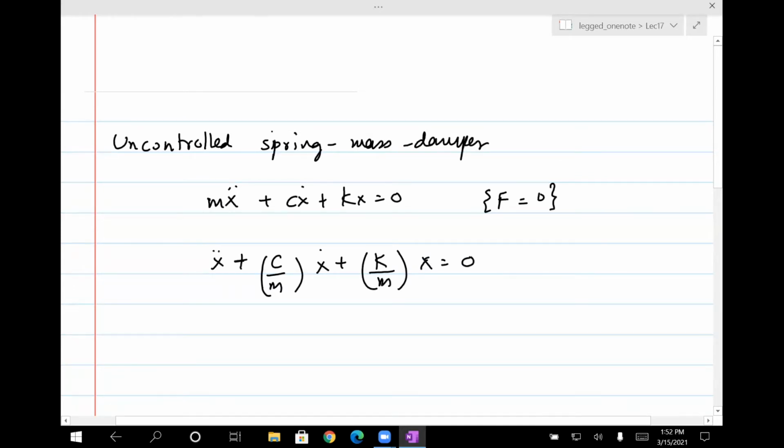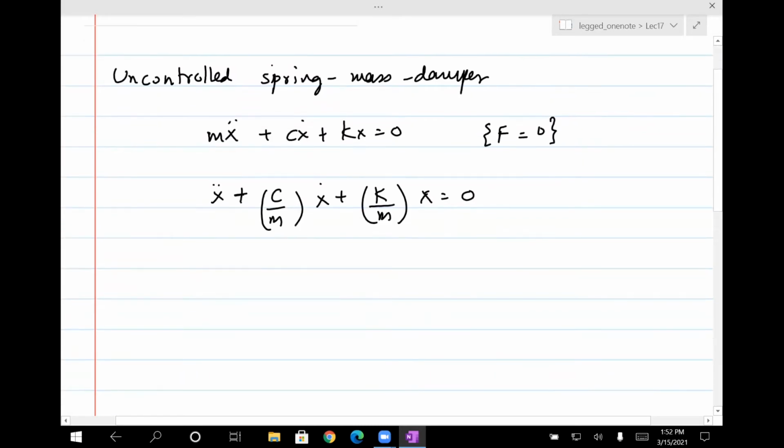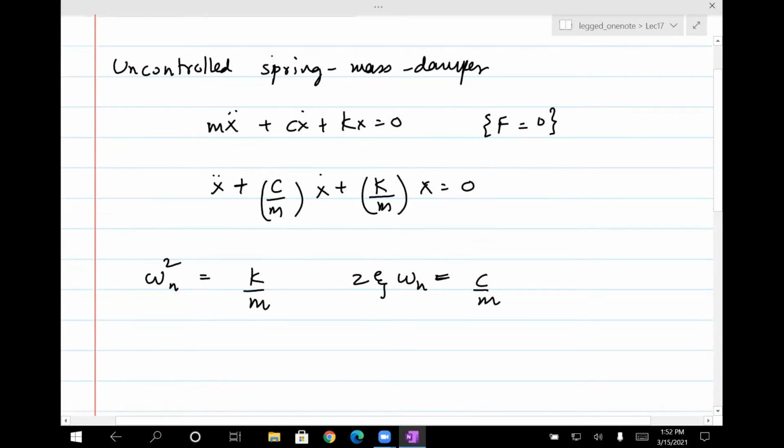And now, if you remember vibrations, we can define what is known as the damping factor, which is basically defined by first defining natural frequency. Natural frequency squared is defined as k divided by m. And then the damping is defined such that it's equal to 2 times the damping factor times omega n equals the middle term, which is c divided by m. So you can use this equation.